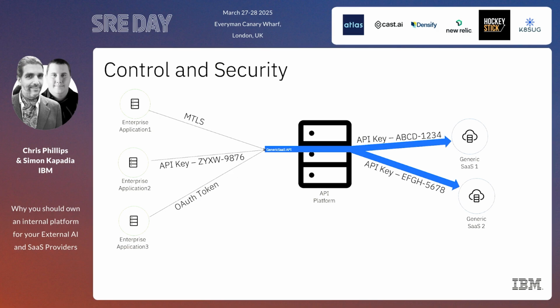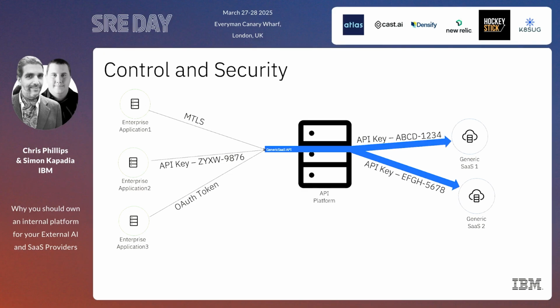Now, of course, it's never as simple as two applications and one thing on the outside. As Chris showed, there could be multitudes of applications using these services, and there could be multiple different services outside. Things get complicated very quickly. These applications are probably different technologies, and they may not all have the same capabilities. Some of them might be capable of using a simple API key.